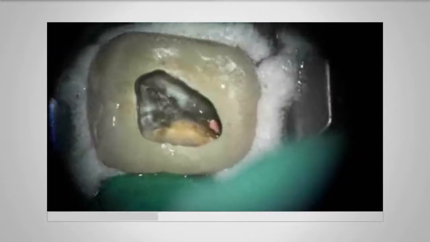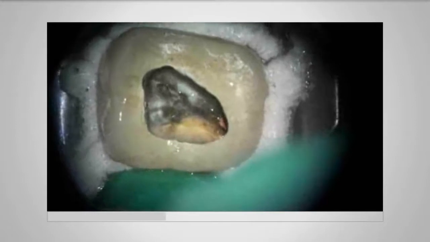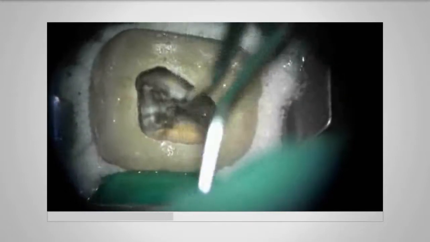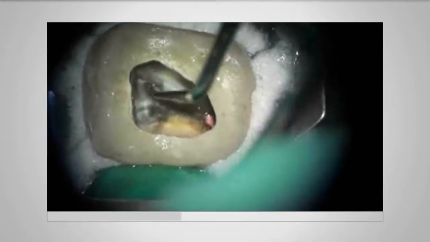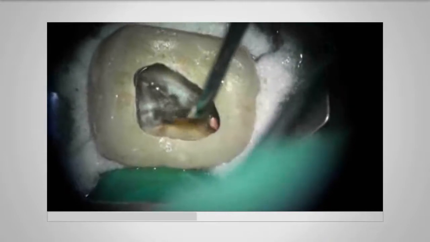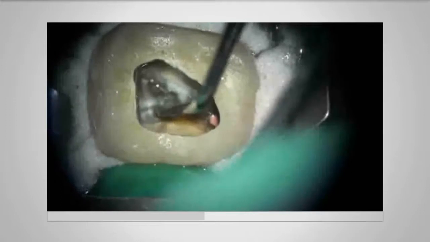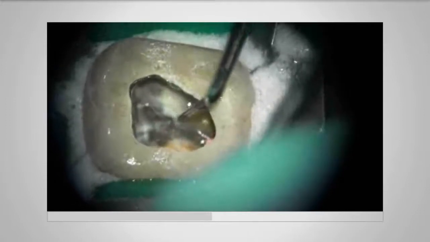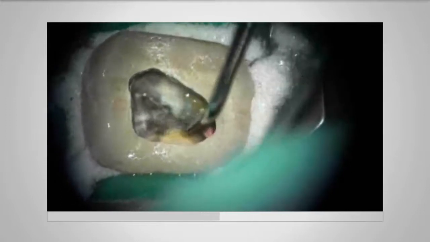Distally, this is much more evident. Now I've cleaned the canals with a little bit of sodium hypochlorite, and again with the DG16 I'm starting to probe at the points of the junction between the dark and light, so I can identify where the orifices of the canals are likely to be.